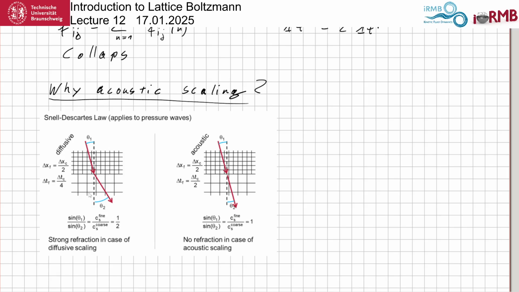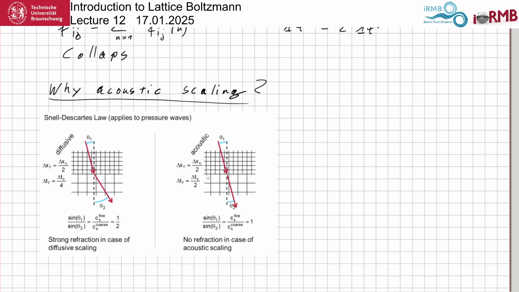So this is something that you want to avoid because this is completely artificial. The way you can avoid this is having the same speed of sound in both domains. Now we have a little bit of a problem in lattice Boltzmann in that our speed of sound is dictated by the lattice.